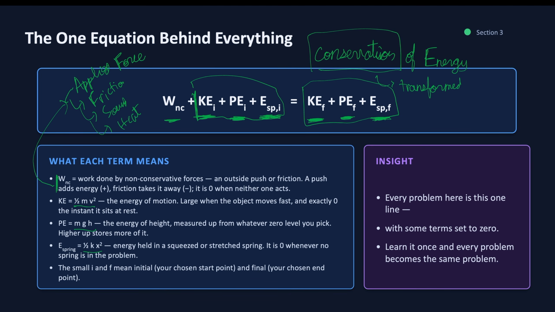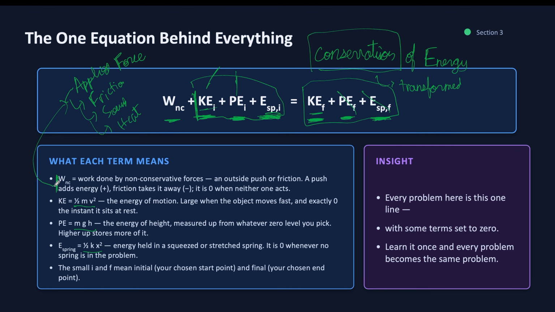And if you start with a certain amount of energy, you're going to end with it. So suppose you started with full potential energy and none of these, right? Then you're going to end with probably full kinetic energy or no potential energy and no energy spring, right? It could happen. There's multiple scenarios.